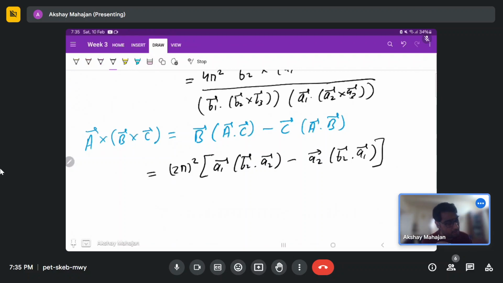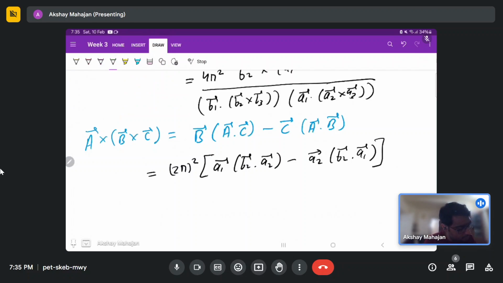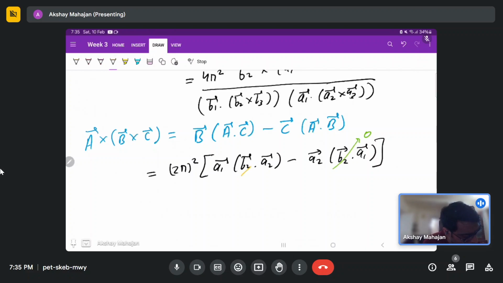Now here this b2 vector dot a1 vector will be 0, and this one, b2 vector dot a2 vector, will be 2 pi.